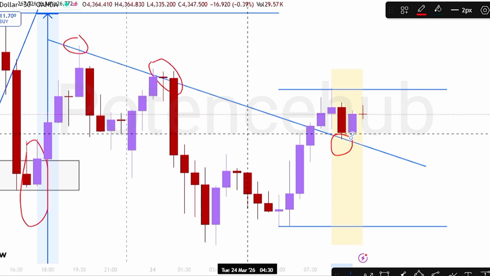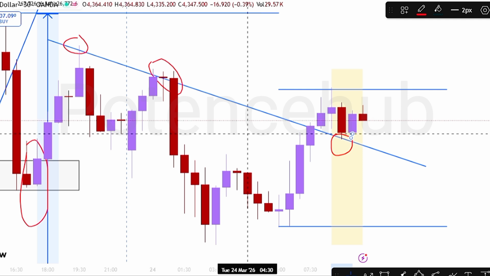So that zone was actually broken, and then there was a retest. As you can see, where I circled with that red sign, there was the retest of that particular trend line, and then the price kept on pushing.